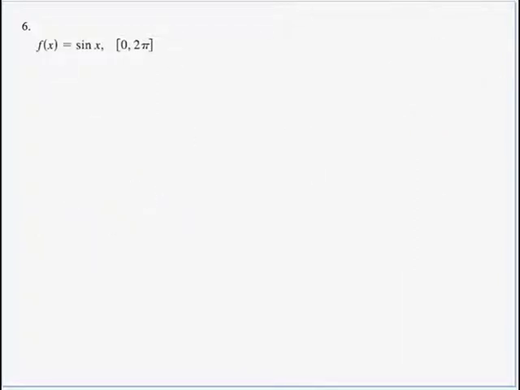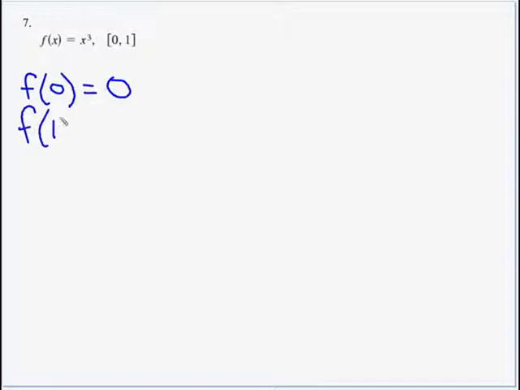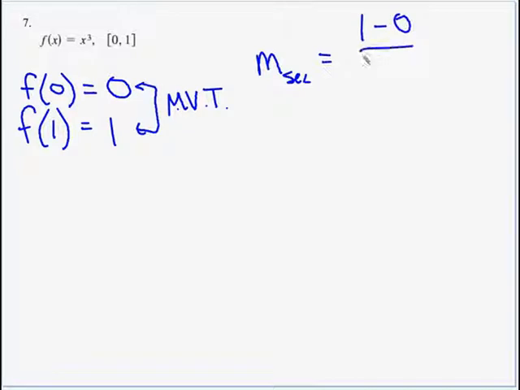All right, last one. Yeah, it is the last one, number 7. x cubed. Well, let's check our endpoints. f of 0 is 0. f of 1 is 1 cubed, which is 1. We have different height endpoints, so this is going to be the mean value theorem, MVT. So we've got to find the slope between those points. The slope of our secant line is 1 minus 0 over 1 minus 0, which is 1 over 1 or 1.